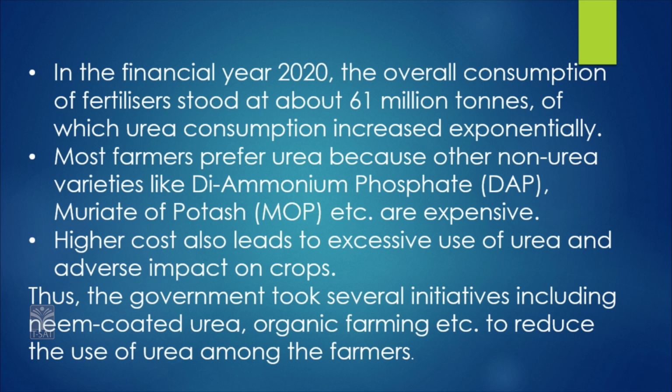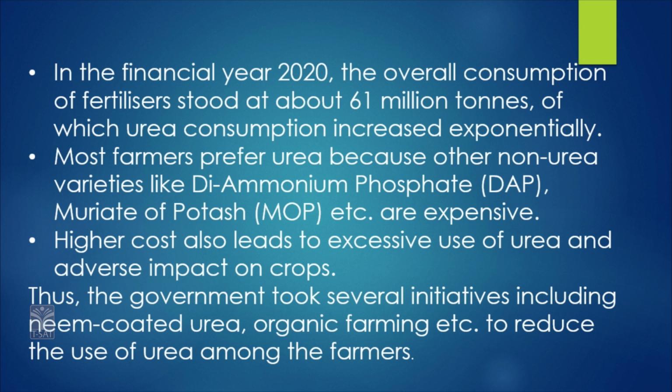So, in the financial year 2020, the overall consumption of fertilizers stood at about 61 million tons, of which urea consumption increased exponentially. Most farmers prefer urea because other non-urea fertilizers like diammonium phosphate, that is DAP, and muriate of potash, MOP, are expensive.